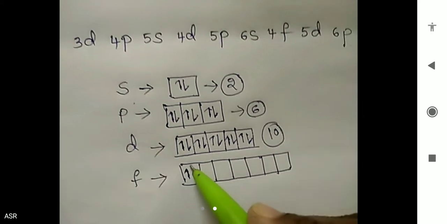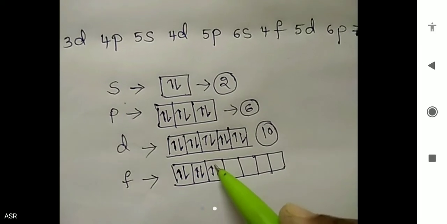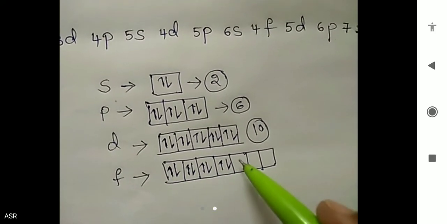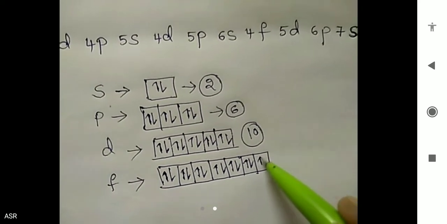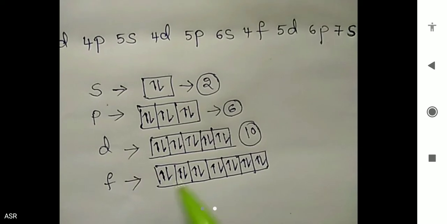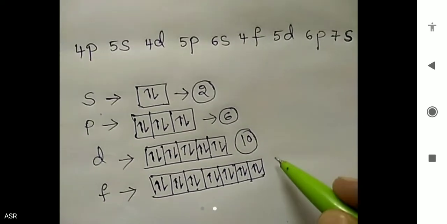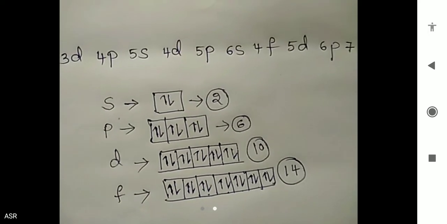So first one 2 electrons, one is clockwise direction, the other one is anti-clockwise direction. So how many electrons will come, children? Totally 14 electrons will come. 3, 4, 5, 6, 7. 7 twos are 14. So totally 14 electrons can fill here in the F orbital.